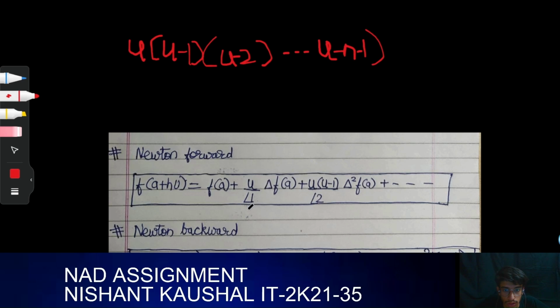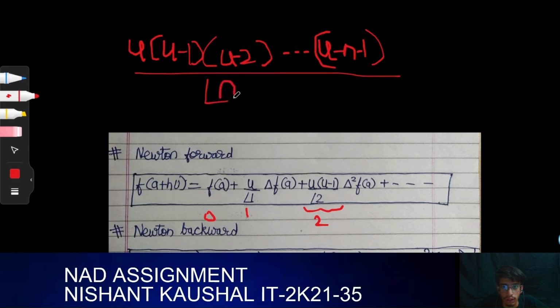Let's see here, our terms start from 0, first, second, so it will be u into u minus 1, so here it will be n minus 1 upon factorial n minus 1, del n minus 1 of fa.